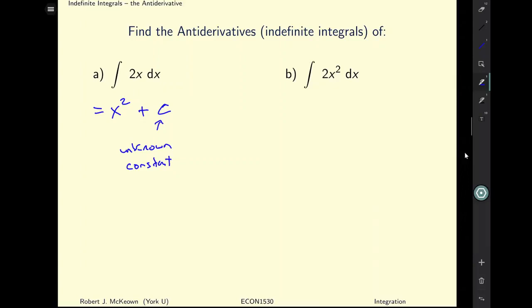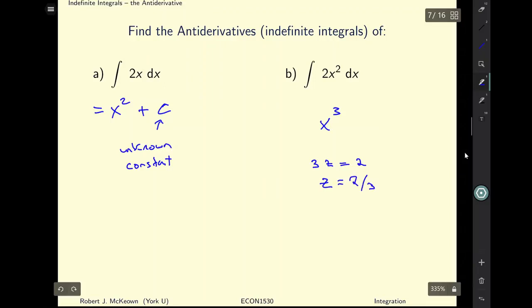Now what about b? B's a little trickier. So x squared, that part is a little more straightforward. There's got to be a 3 up there. And then, well, we know the power rule says the 3 has to come down. So 3 times something has to be equal to 2. And so if that something is equal to 2 over 3, let's try it.